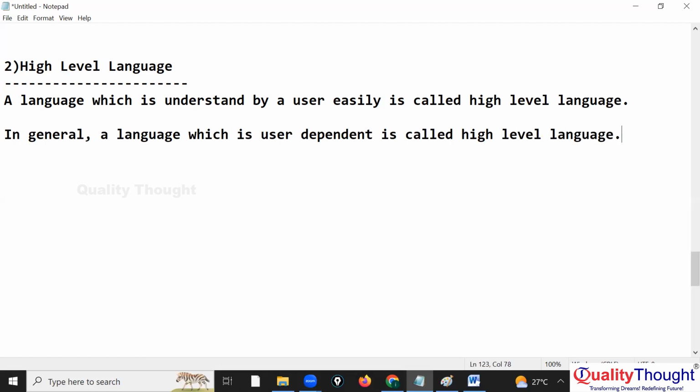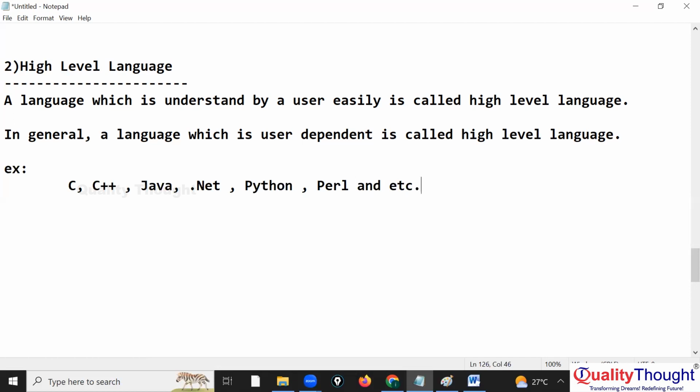The user is dependent on this. What are the best examples? C language, C++, Java, .NET, Python, Perl, and etc. All these languages come under high level language.